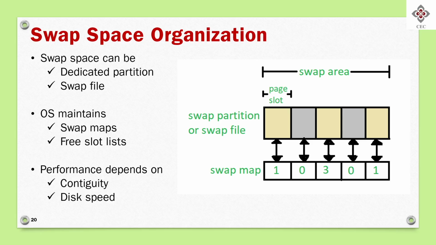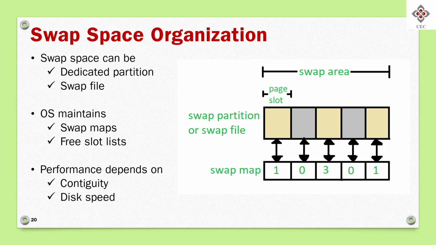So, how is it organized? The swap space can be a dedicated partition or a swap file. So, we can assign a partition for swapping, or we can assign a separate file. The OS maintains swap maps. It is like a map which directly says that this page has to be swapped. We call it a page slot in the swap file.